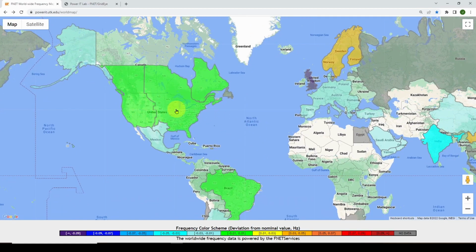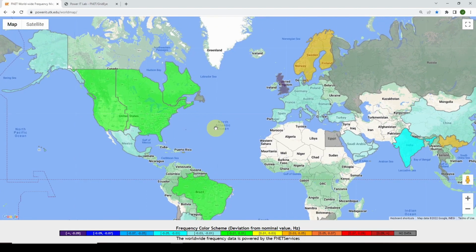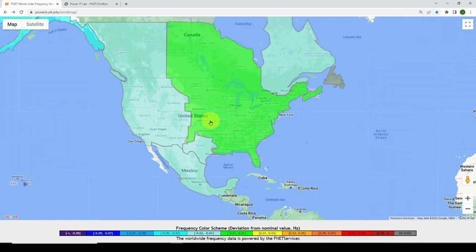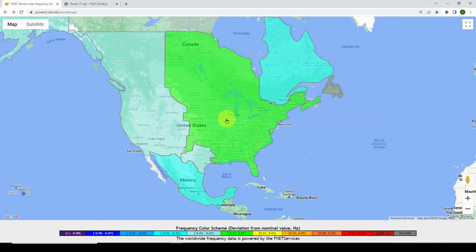So what's going on with these different blocks of colors? Well, in the US and in many places around the world, the electric power systems are set up so that whole sections of the United States are all tied together in one big massive grid.